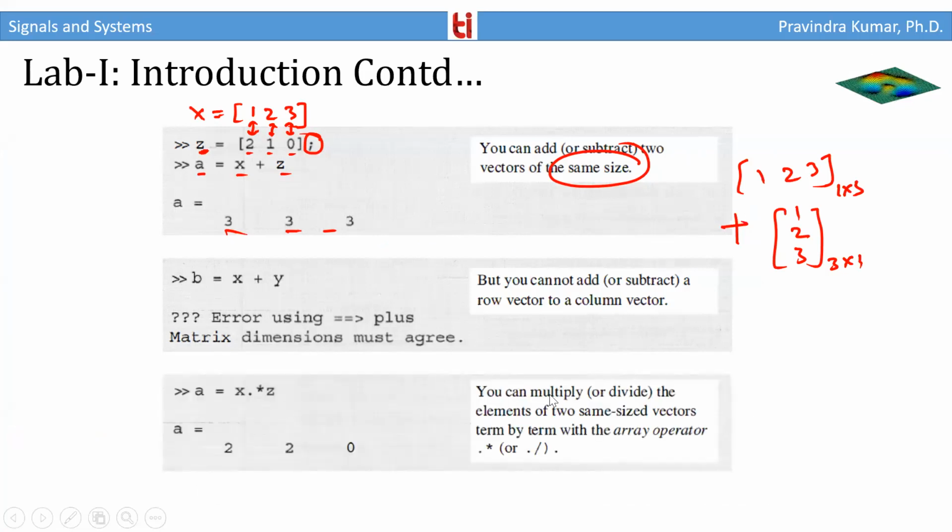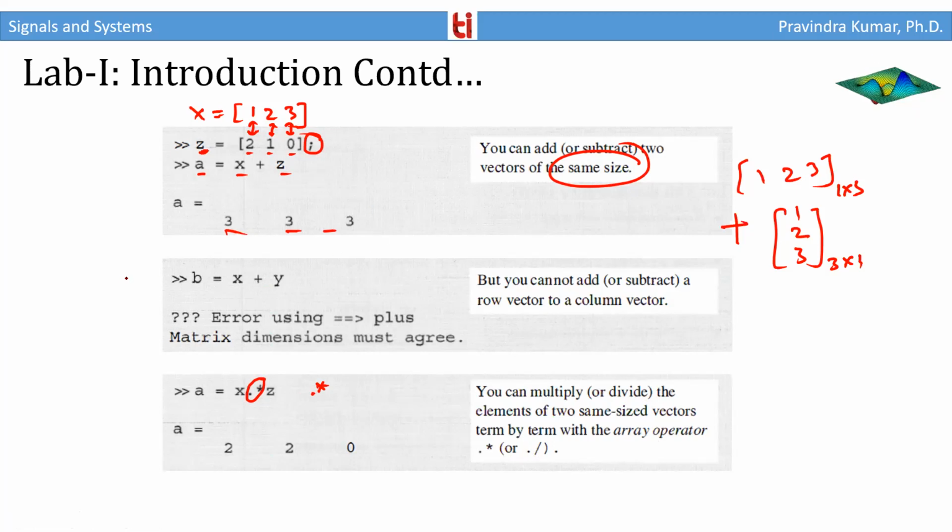Now you can multiply or divide the elements of two same-sized vectors in terms of the array operator. So here, if I apply this with dot and multiplication, then you will get x and z.